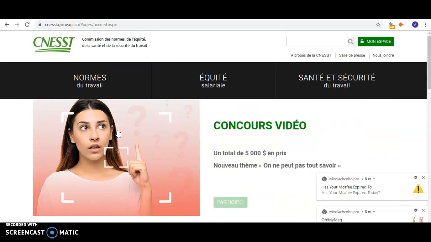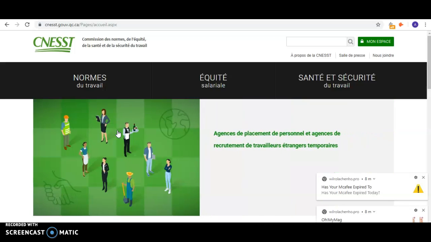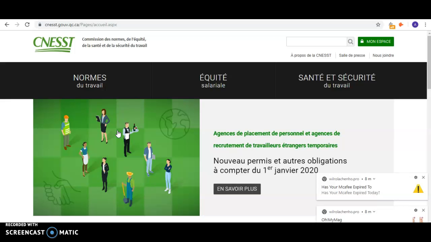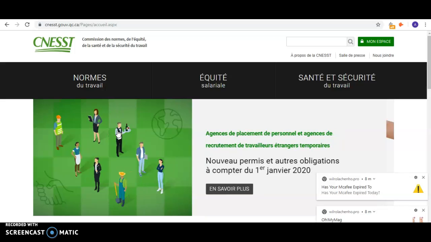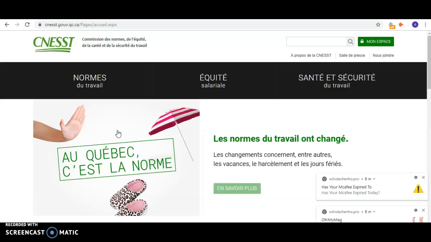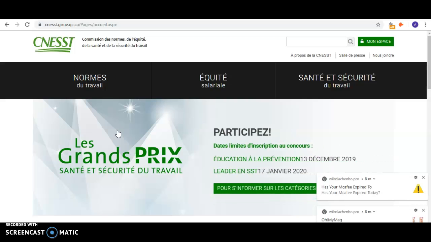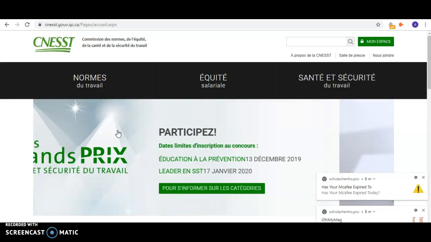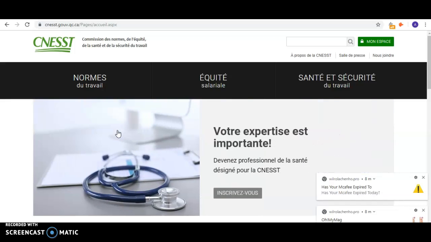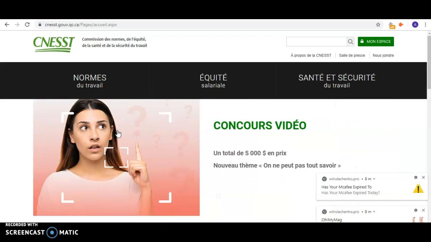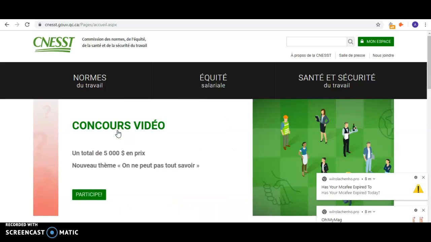So after, the main objectives of this website are to favor family-work-study balance, particularly by improving certain leaves, by upgrading the protections granted to co-workers who only have the labor standards regime to govern their working conditions, and to adapt the act to the new realities of the labor market.